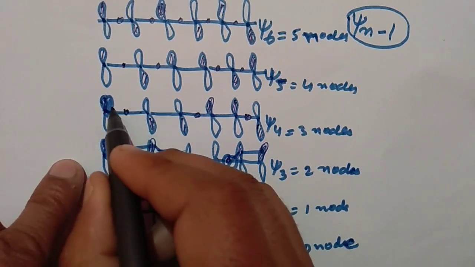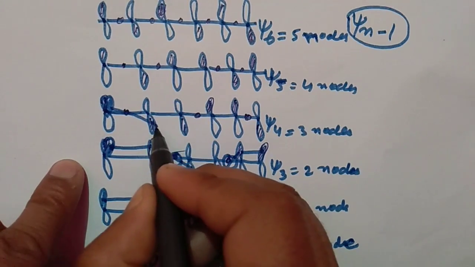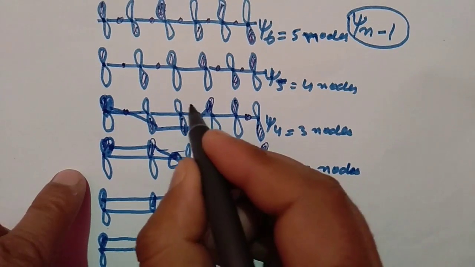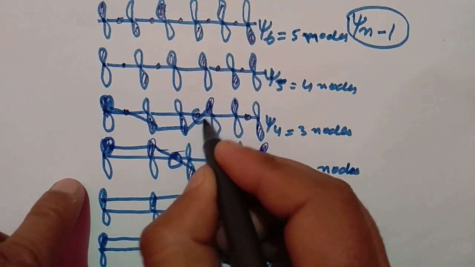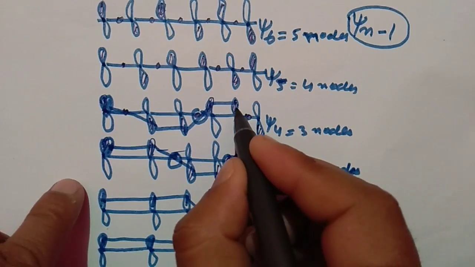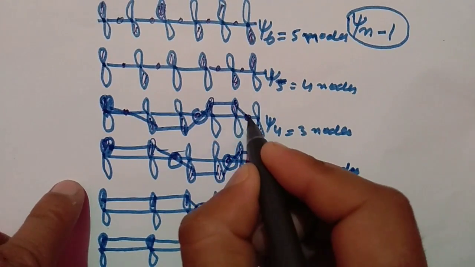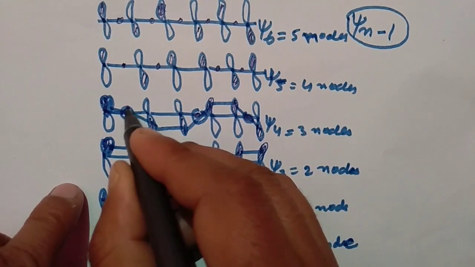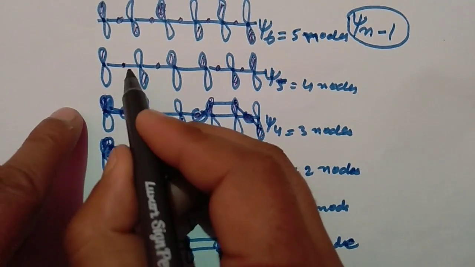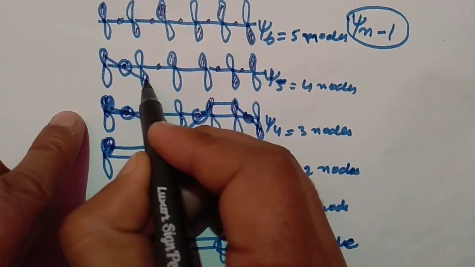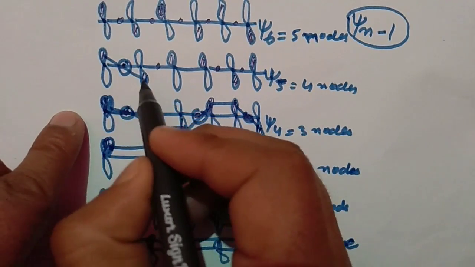Different lobes, one node. Same lobes, no node. Different lobes, one node. Same lobes, no node. Different lobes, one node. So three nodes are there.